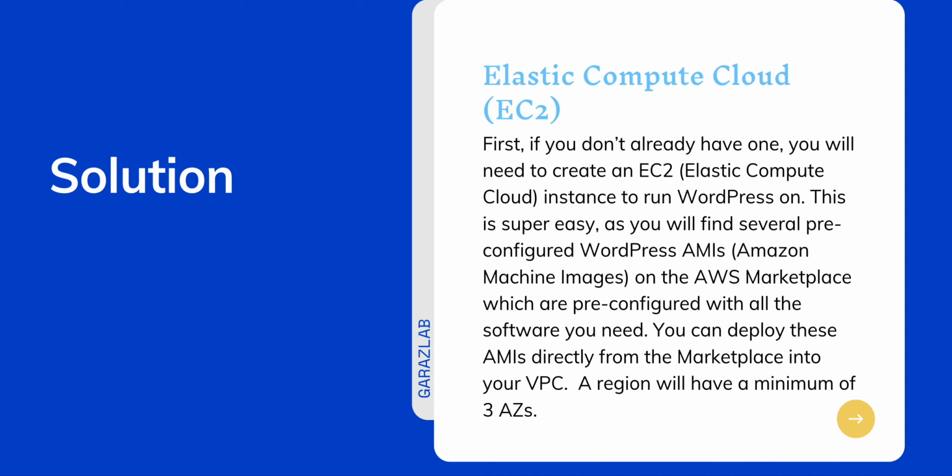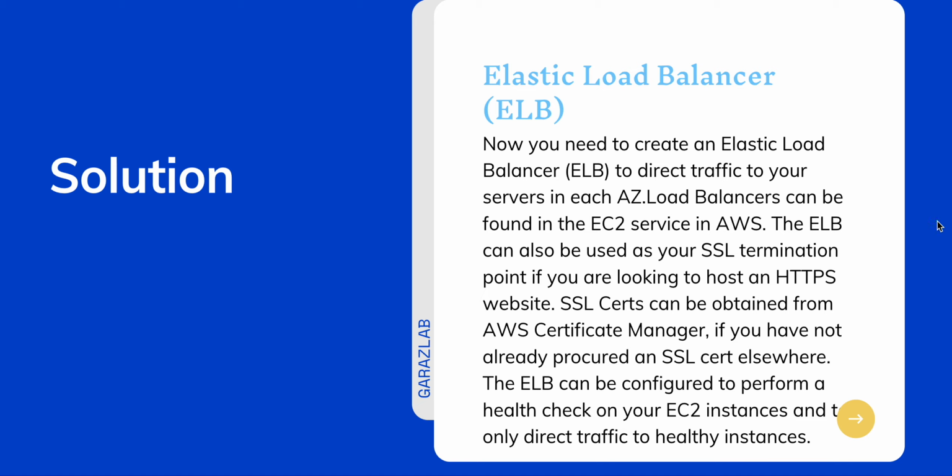These regions have a minimum of 3 availability zones. So if we create instances in 3 separate availability zones and one zone is down, the content will be delivered from another zone. This is the main principle.